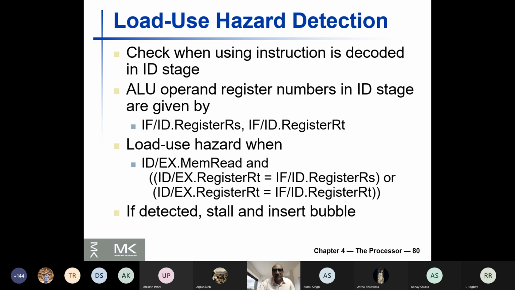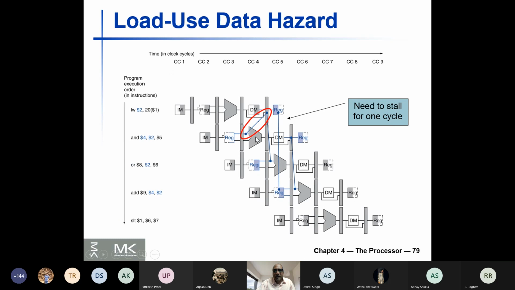It's nothing but one no-operation that has to be introduced and percolated. So at this time, the instruction whatever is there here has to stay here, and it cannot be moved.